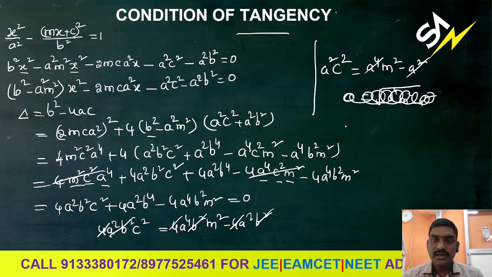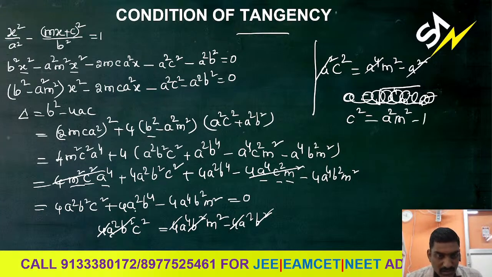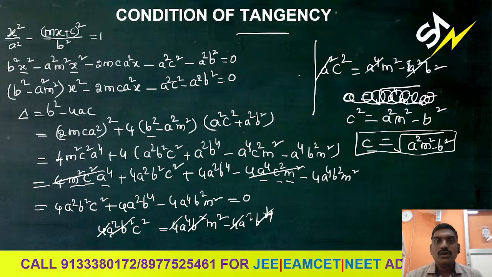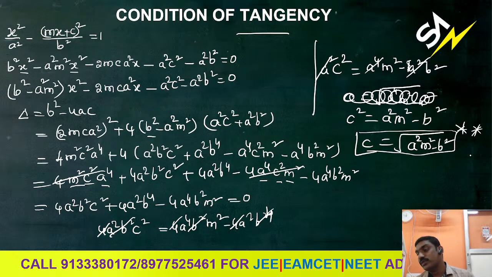So finally what we are getting, c square is equal to a square m square minus 1, and this is 4b power 4. So here one more b square is left, minus b square. Now c is equal to under root of a square m square minus b square, and this is the exact value. This is called the condition of tangency. Okay, students, it is important.